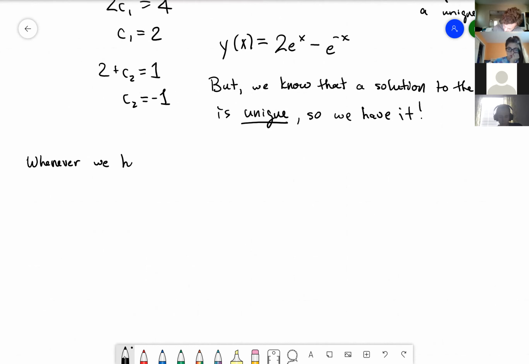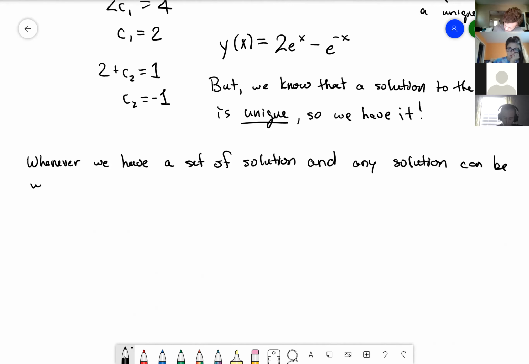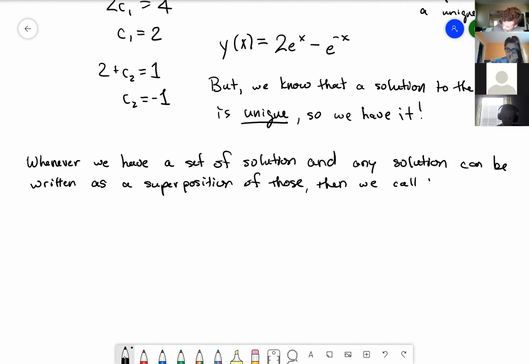Whenever we have a set of solutions, and any possible solution can be written as a superposition of those, then we call this nice.